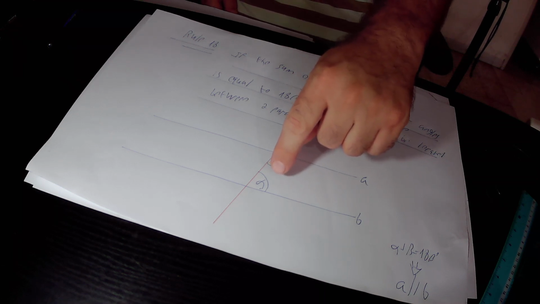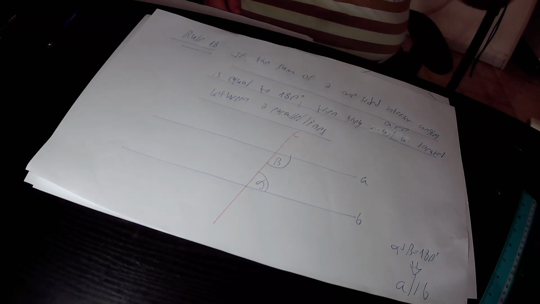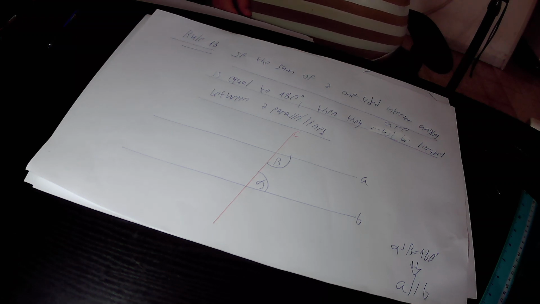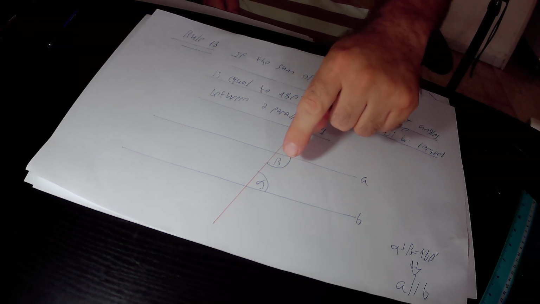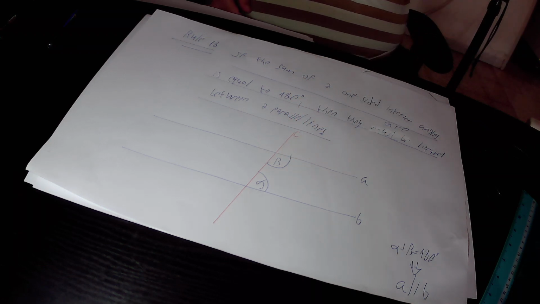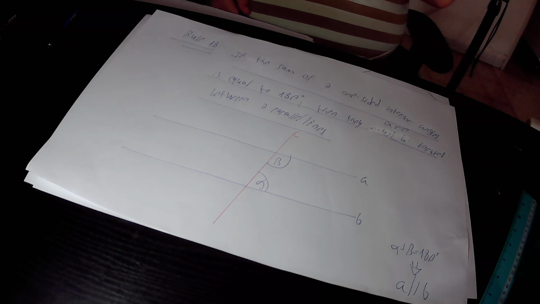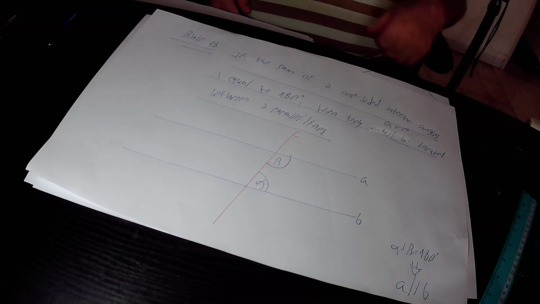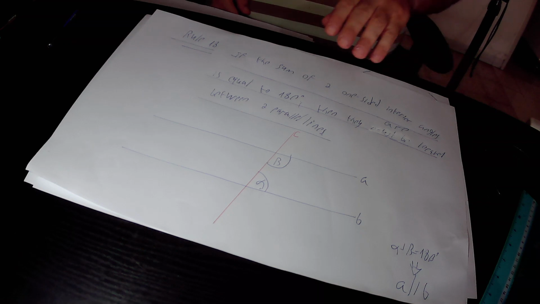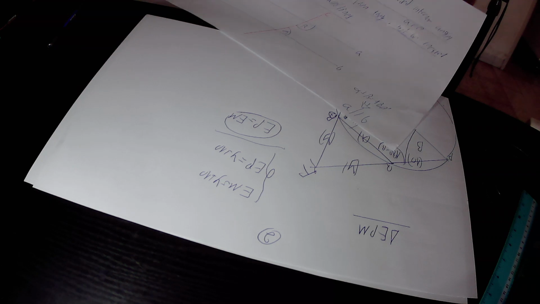Angles alpha and beta are one-sided interior angles, and it is given that alpha plus beta is equal to 180 degrees. Therefore we can conclude that line A is parallel to line B. It is actually the opposite of rule 17. So we can implement rule 18 in our drawing.